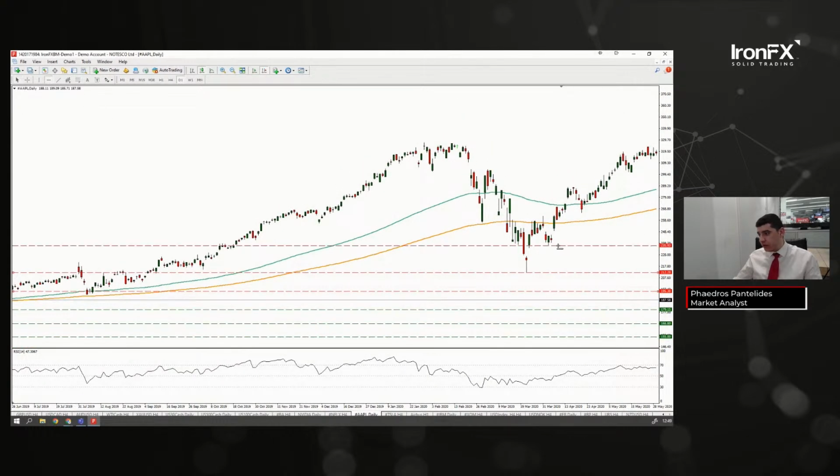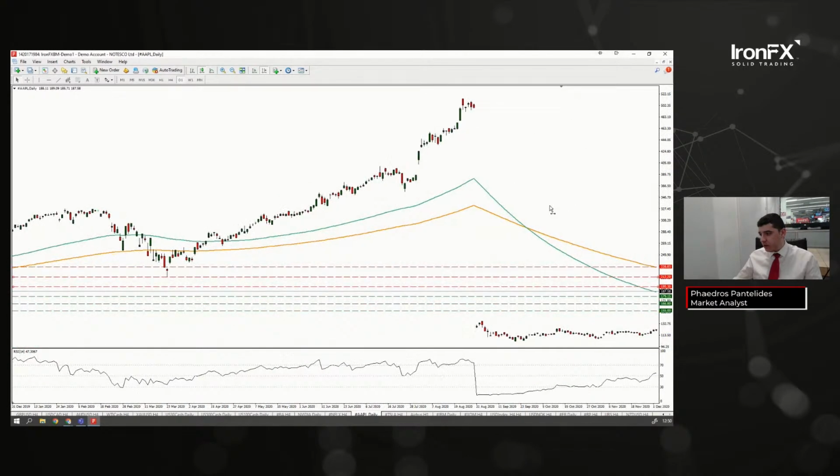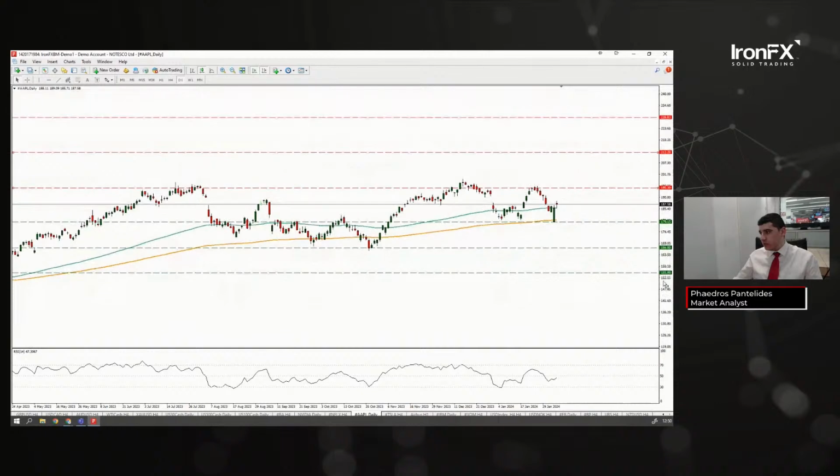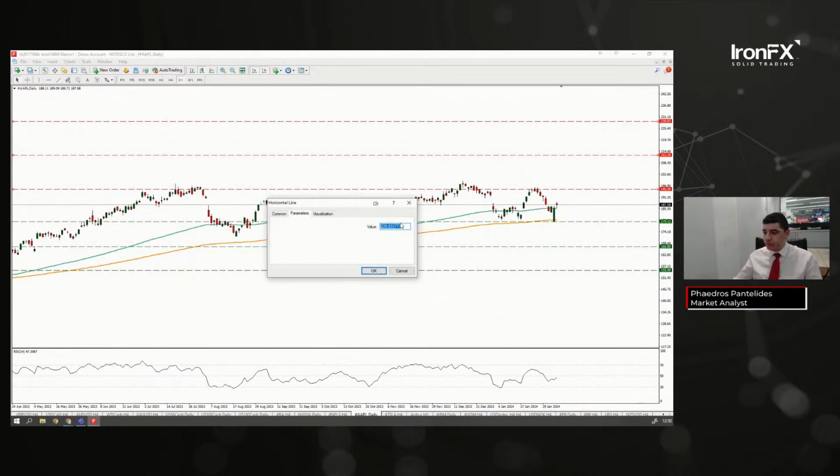And then for R3, bearish candle, closed, came back up. So that's possible. R3, 228.85.